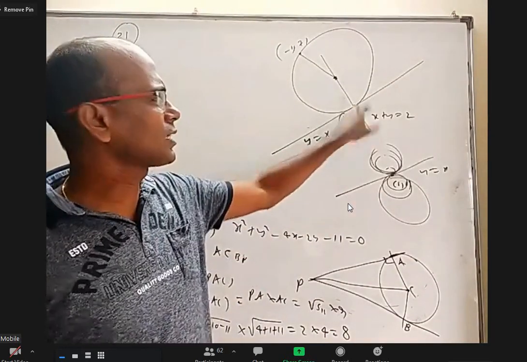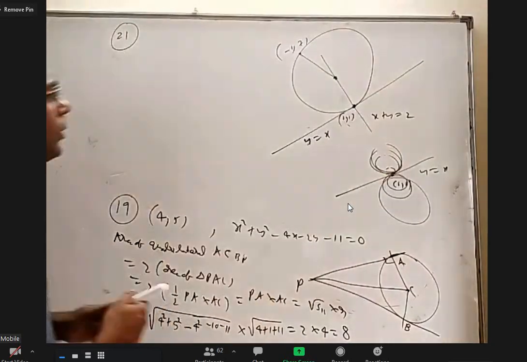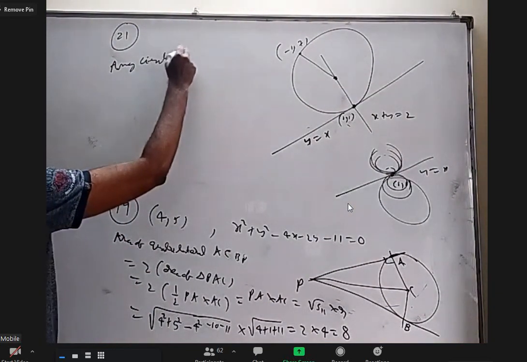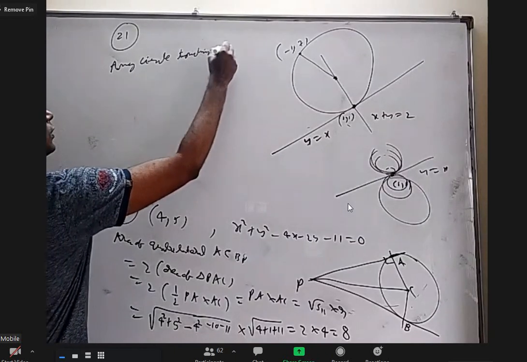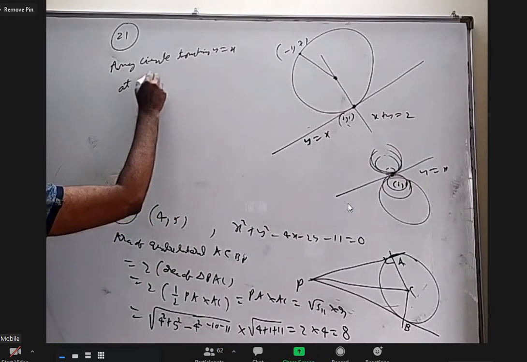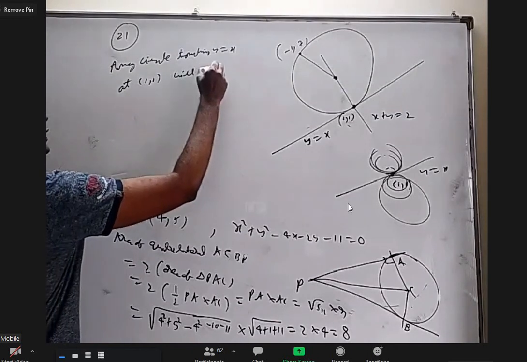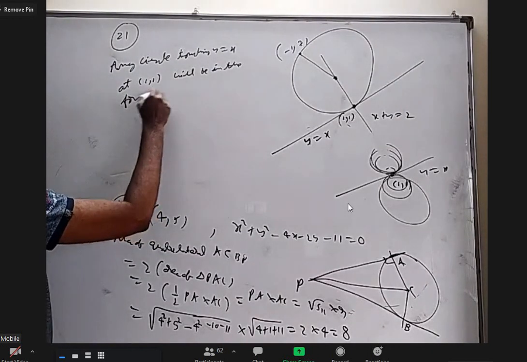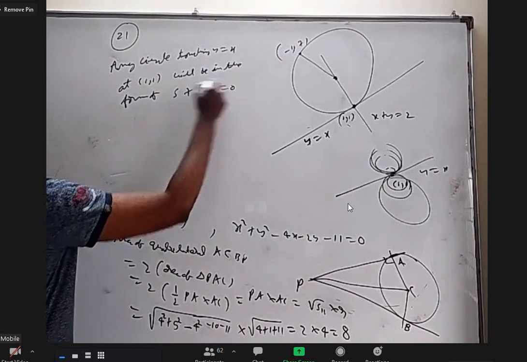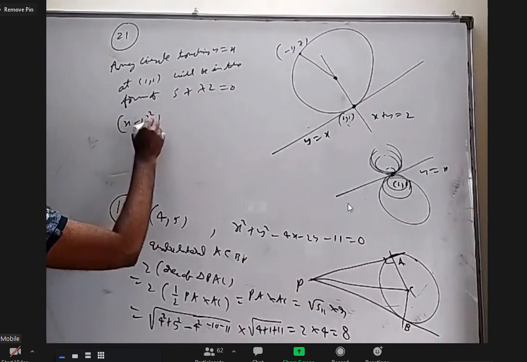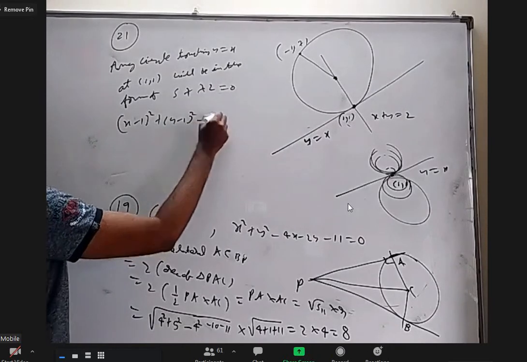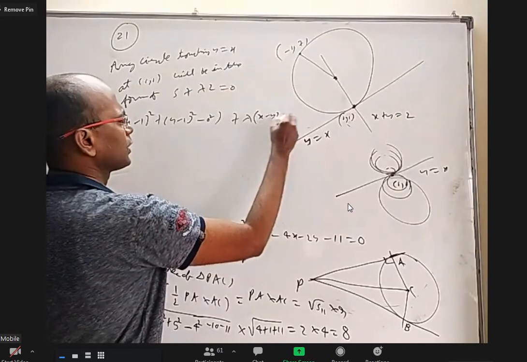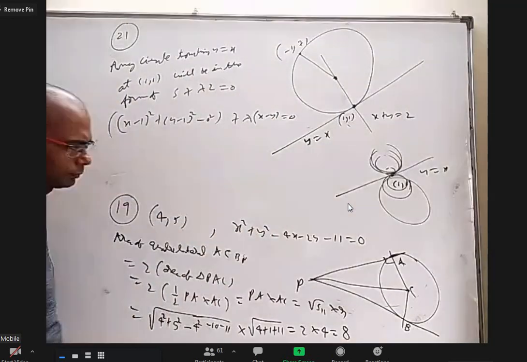What is the circle with this as the point circle? Any circle touching y equal to x at 1, 1 will be in the form of S plus lambda L equal to 0. What is that? (x minus 1) whole square plus (y minus 1) whole square minus 0 square, plus lambda into the line x minus y equal to 0.